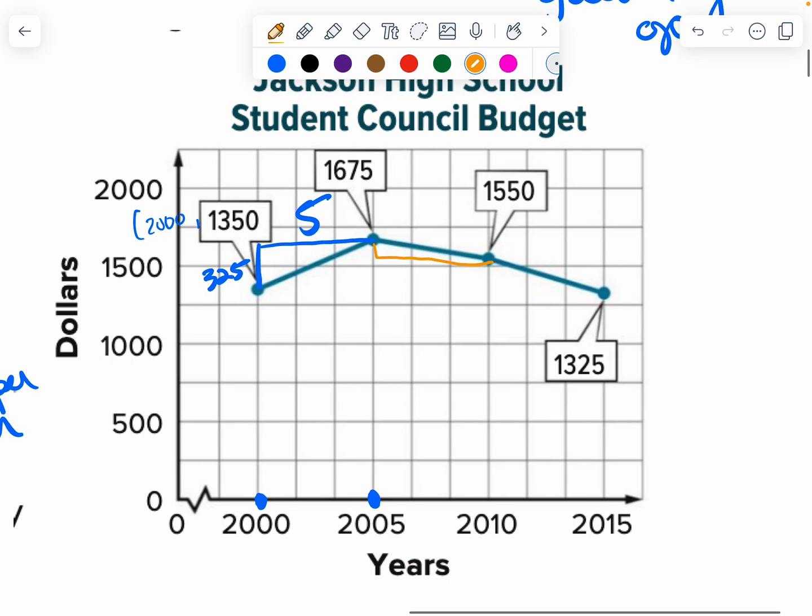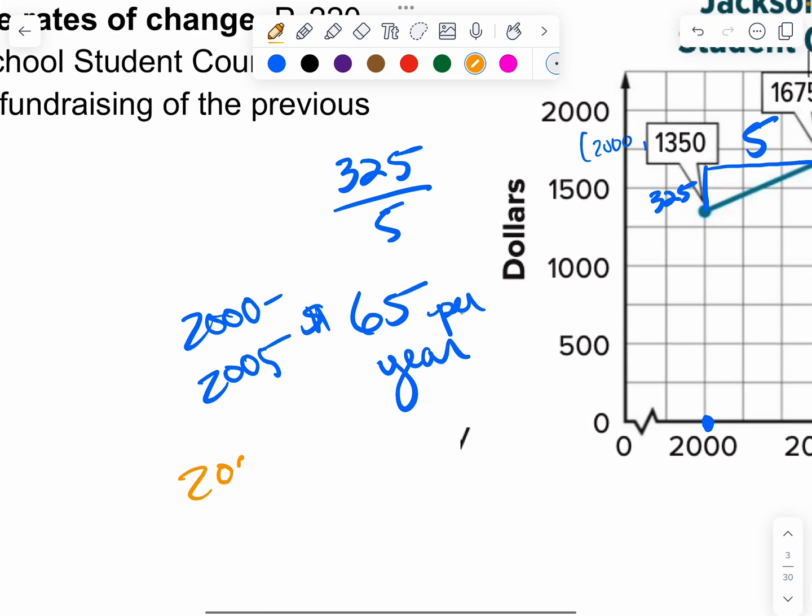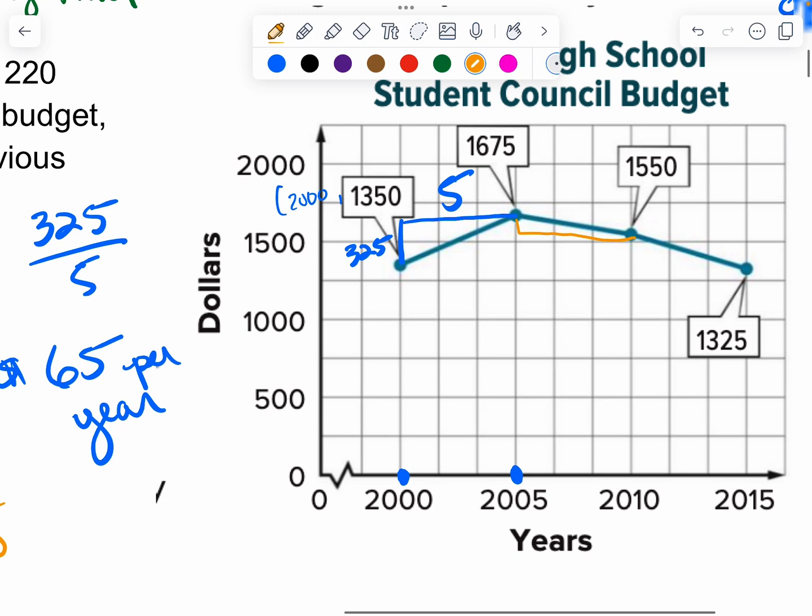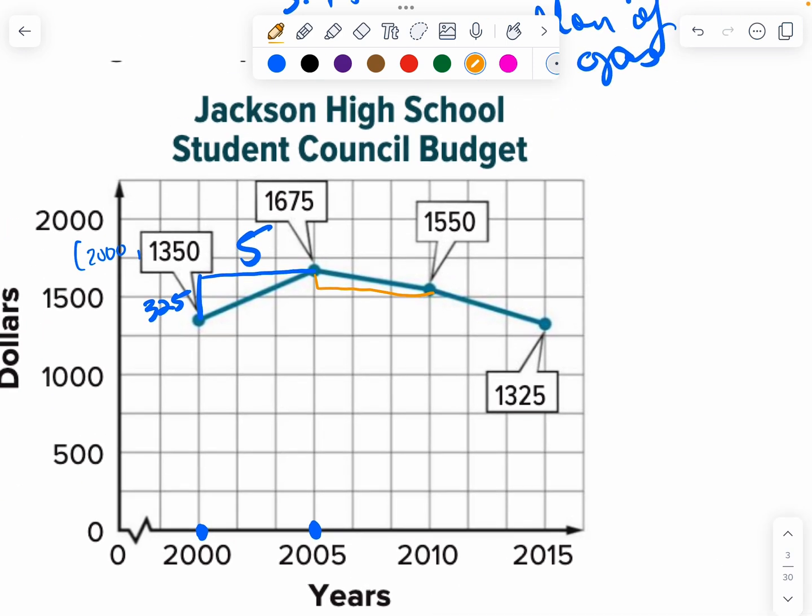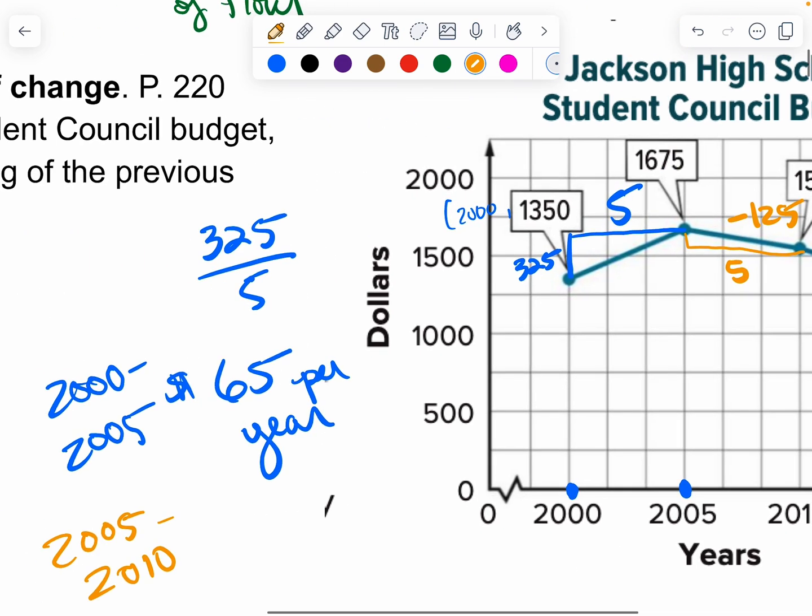Okay, so from 2005 to 2010, what has it done? So we know it's 5 here. So 1550 minus 1675, it's gone down $125.